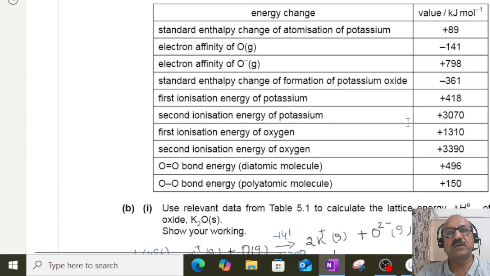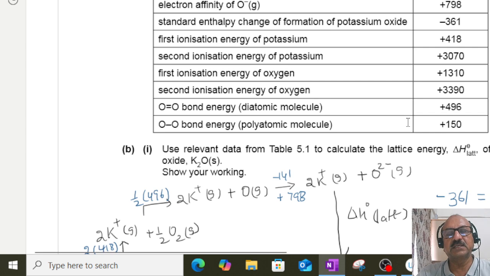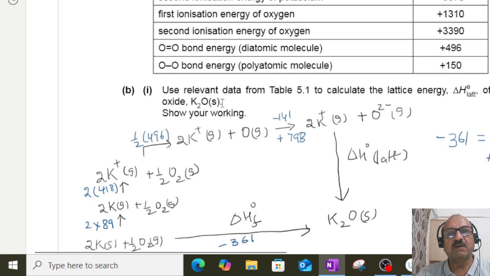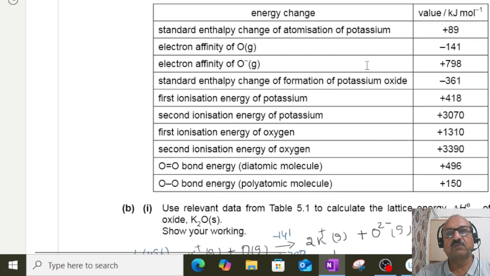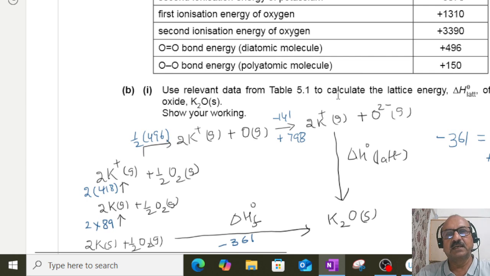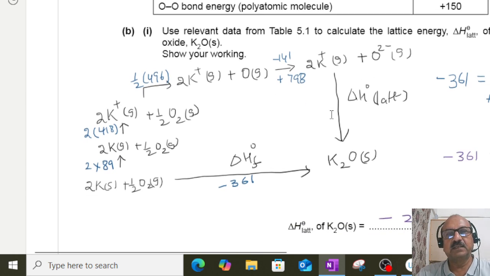Now we go to this question which is based on the lattice energy, and we have to find the lattice energy of potassium oxide based on the following data. And I have made the enthalpy cycle to help you solve this problem.